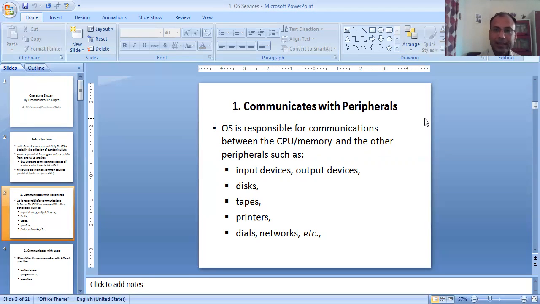We will discuss it later. Okay. So communication of the CPU or memory with the input-output devices and other memory devices, disk, tape, printers, dials, networks, other networks, etc.